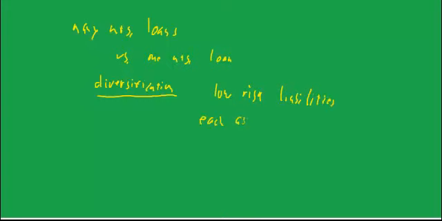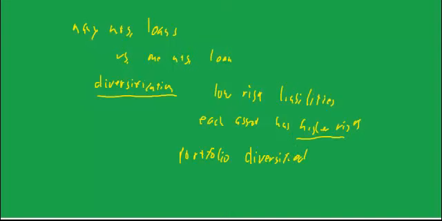So again, diversification to some extent allows you to offer relatively low risk liabilities, even though each asset has higher risk, because the collective portfolio of these higher risk assets, if it's diversified, is going to be of lower risk than the risk of an individual asset, of one asset.